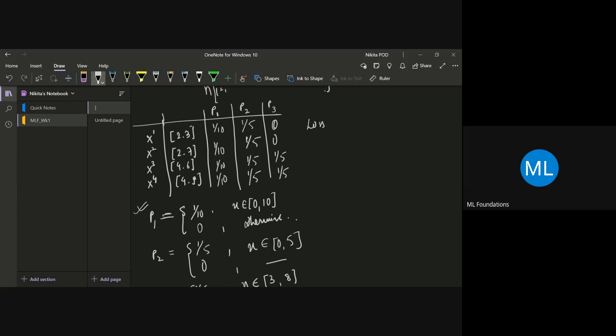A question: why are we taking a log in the loss function? Logically, why take the log?